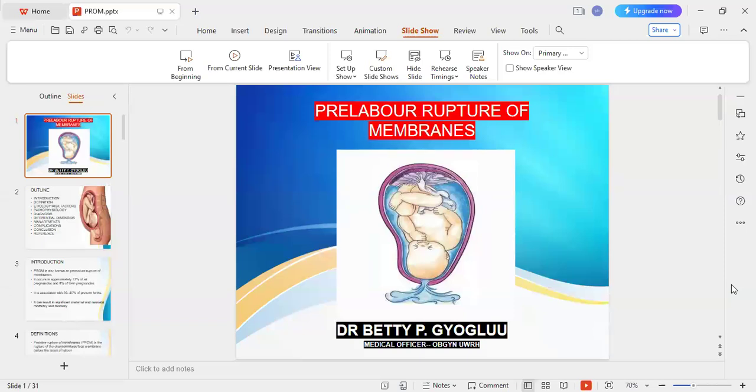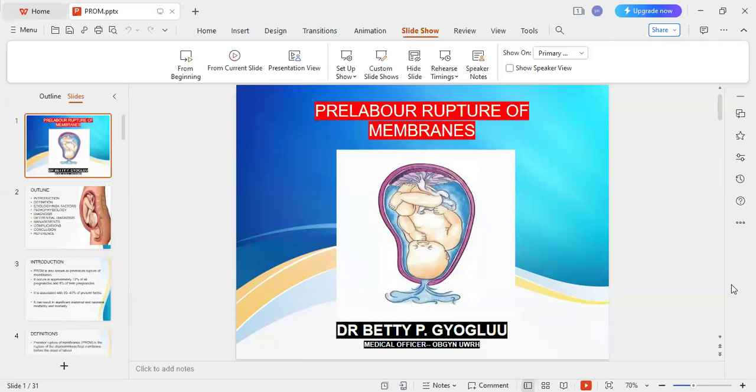In our setting, we do not allow women with a fetal weight above 3.5 kilograms to undergo vaginal delivery. So if she does a scan and the scan estimates the fetal weight above 3.5, she doesn't meet the criteria to undergo vaginal delivery after a cesarean section.